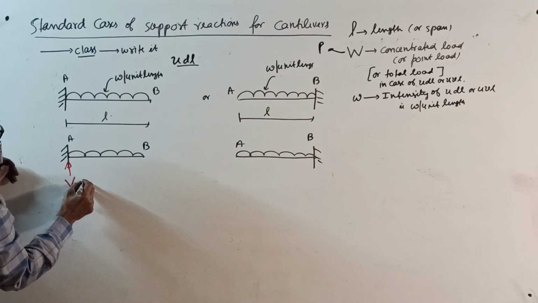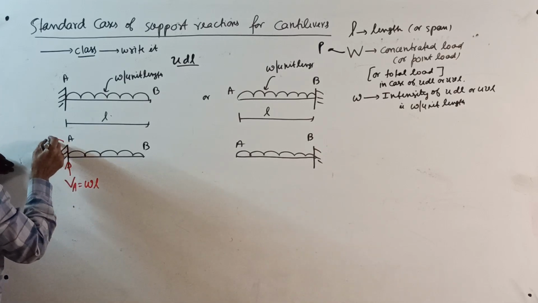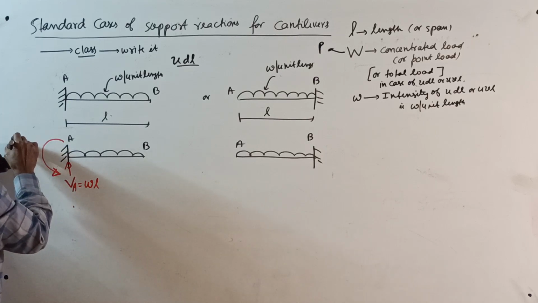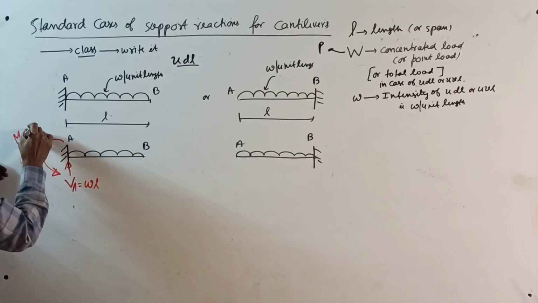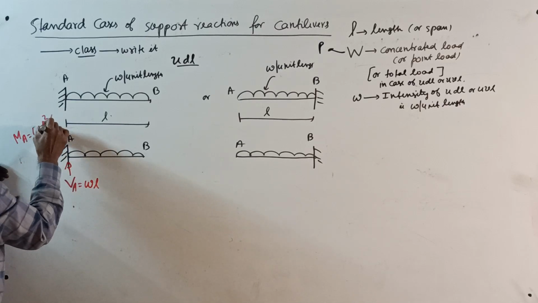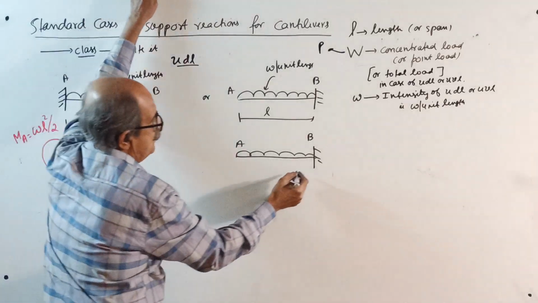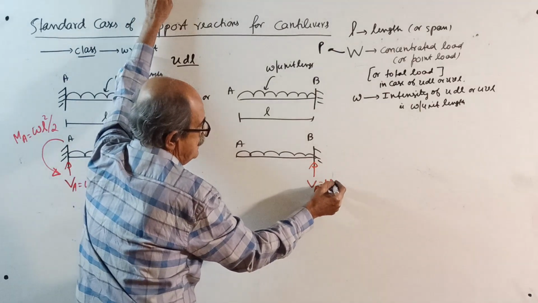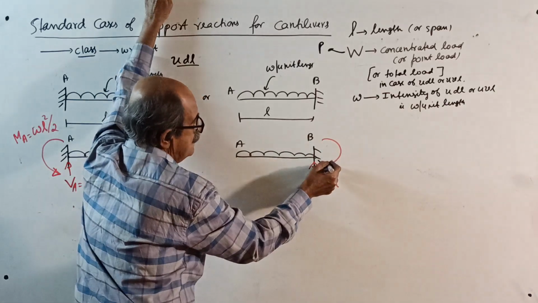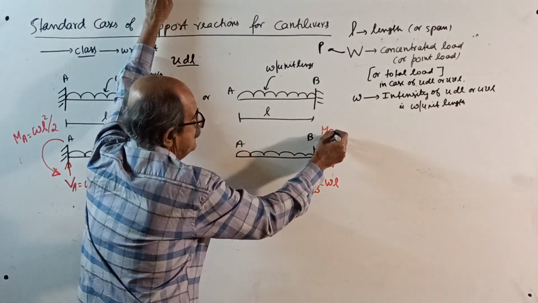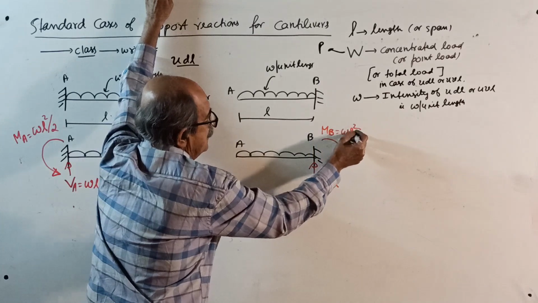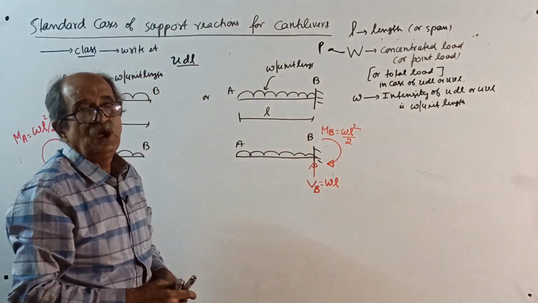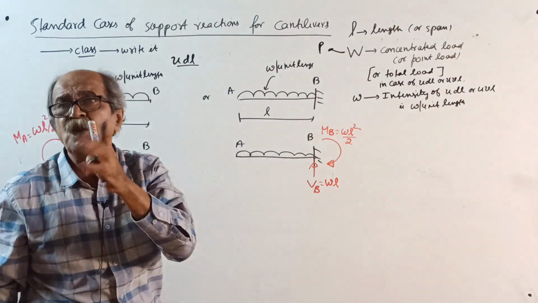VA, WL, MA, WL square by 2. VB, WL, MB, WL square by 2. You write this much. Now make a note.